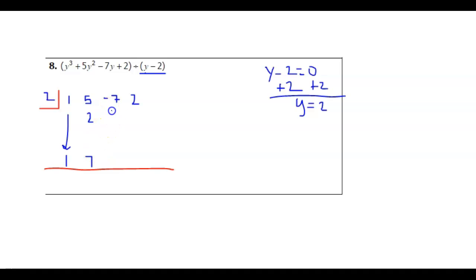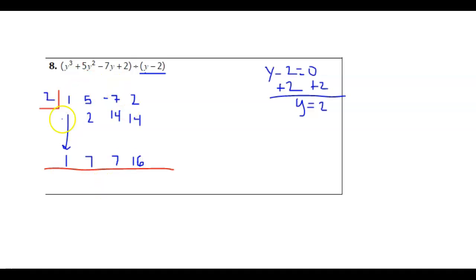I write 14 under my next coefficient. And then I add those two together. -7 plus 14 is 7. I multiply again. 7 times 2 is 14. And then I add those two together, and that is 16.